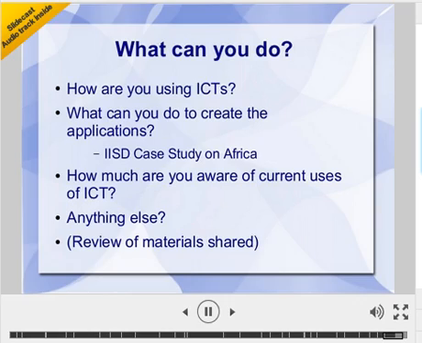And I have in the resource folder, which I'll share with you, a case study on ICTs and climate change in Africa from the IISD. The other thing is for you to keep aware of current issues in ICT. Anyone here have one of the OLPC laptops? Yeah, okay, so there's at least one person.